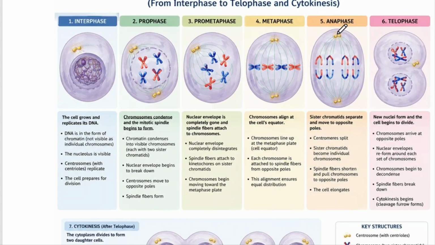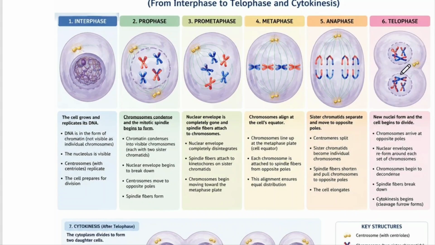Here is one pole, the other pole. At this moment, the cell temporarily contains 92 chromosomes because the sister chromatids have separated.